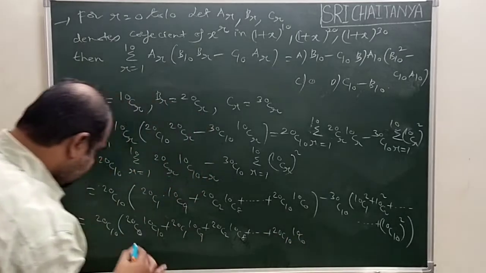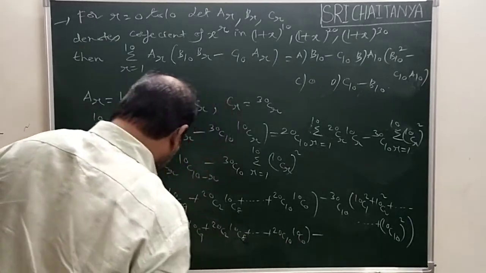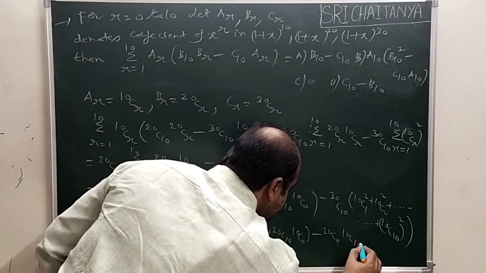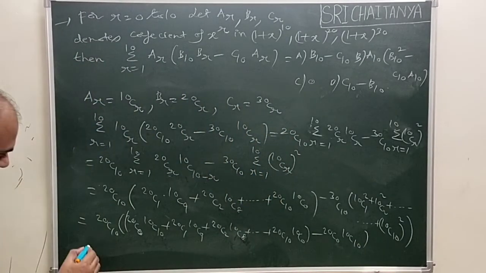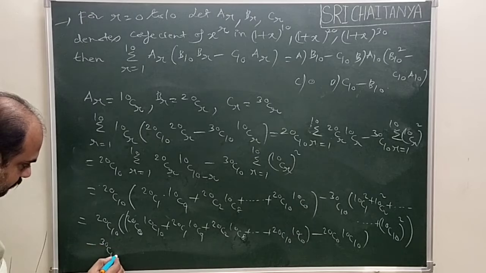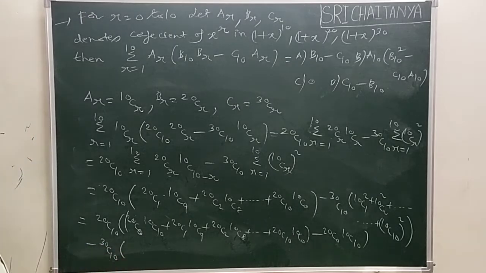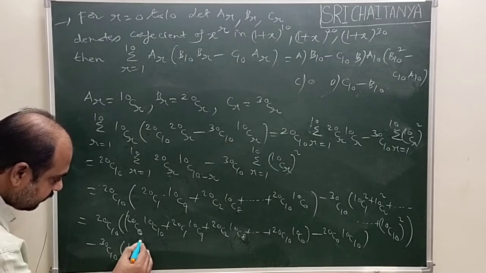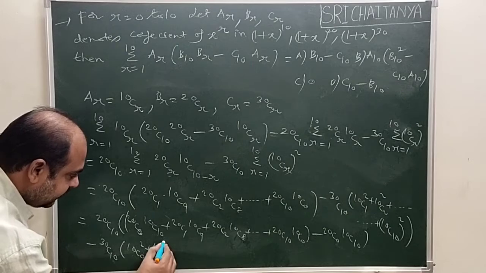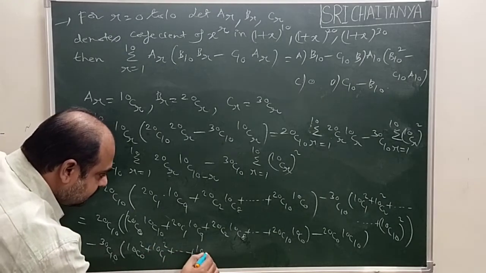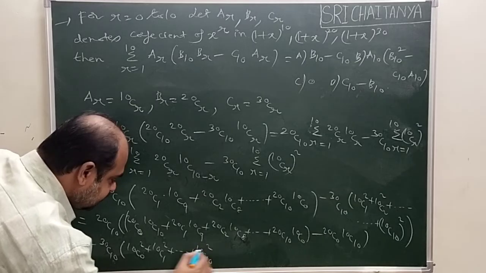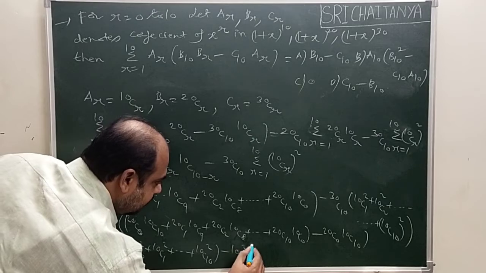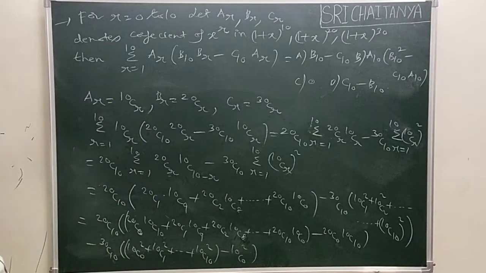In this bracket, minus 20C0 into 10C10, minus 30C10 into 10C0 squared. 0 is not there for writing the formula, and so on up to 10C10 squared. This formula you know, so minus 10C0 squared.